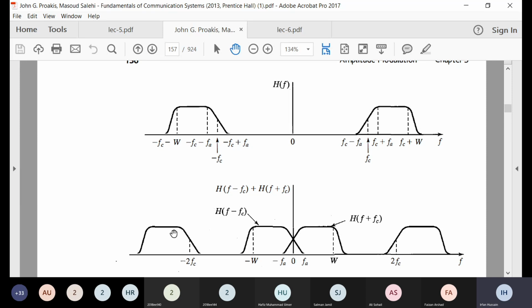So these two are the values of H(f + fc), while this and this are the values of H(f − fc). Here you can see the combination or addition of this and this can turn out to be a constant, provided the rate of increase of this and the rate of decrease of this are at a constant rate, so that their combined effect will still give you a straight line from minus W to plus W. This is the main objective of our H(f) filter.